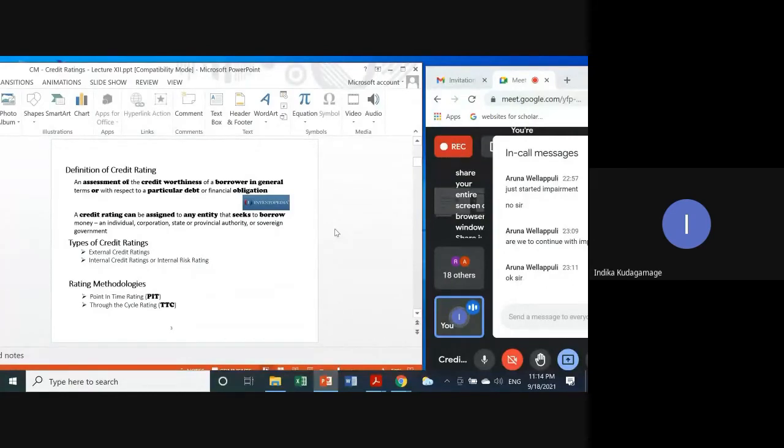It can be assigned to any entity who wants to borrow. It can be an individual, it can be a corporate, it can be a government, it can be a country. Like that, any individual or entity can be given a risk rating. Why? It shows only what is the credit worthiness of our customer, right?